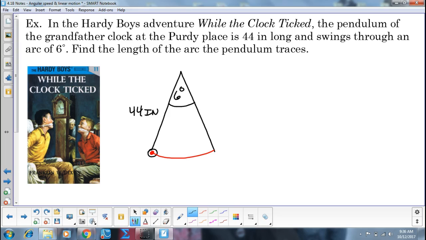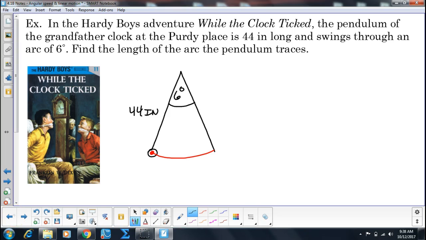Try it. So what's the first thing that you've got to do in this problem? Switch from degrees to radians. So 6 degrees gets multiplied by pi over 180 degrees. So that gives me pi over 30 radians.